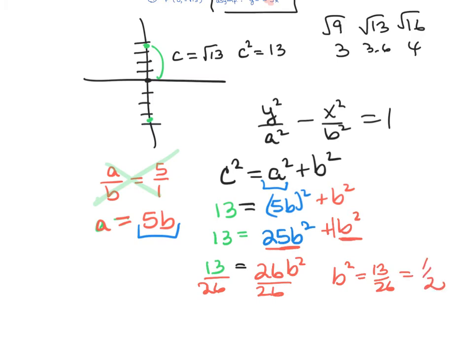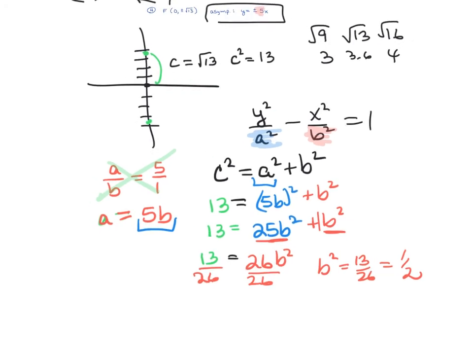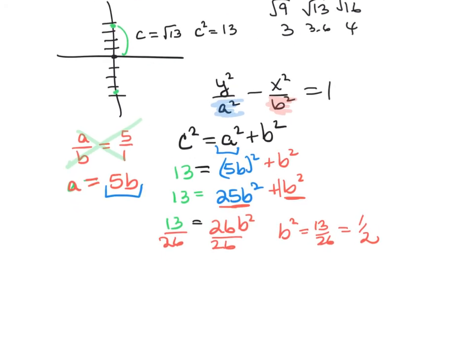Now, again, remember, we need to find not only b squared, we also need to find a squared. So I'm going to use this formula one more time. I have c squared and I have b squared now. Now I'm solving for a squared. So my c squared is 13. I don't know the a squared.